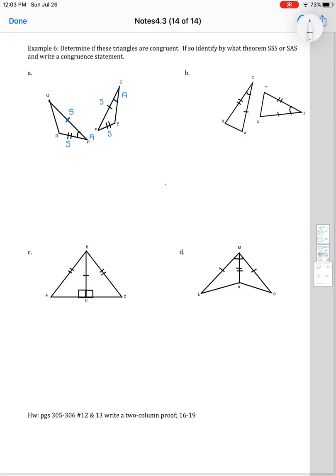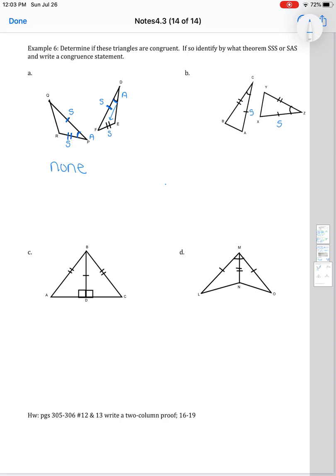So if we look at A, we've got a side. I'm just going to put an S. We have an angle. We have an angle. And we have another side. Now, you ask yourself, it has to fit either side, side, side or side angle side. So if it's this one, it would be side angle side if it worked. But in order for it to be side angle side, the angle has to be included between the sides that are congruent.